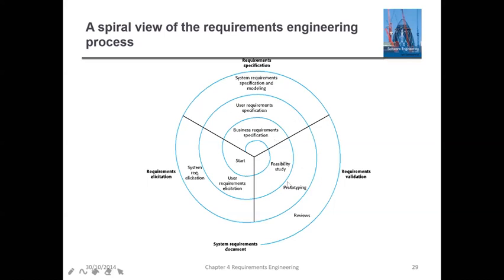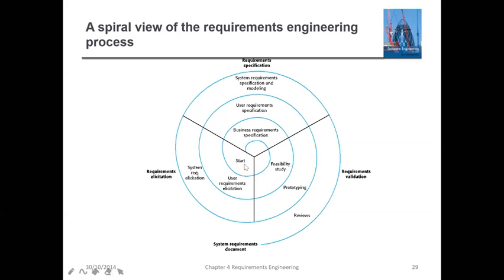Also, in this system model, you can get all the additional information. If you want to add any additional information, you can add that here. So in this spiral view of the spiral model, you can see all the data present here.